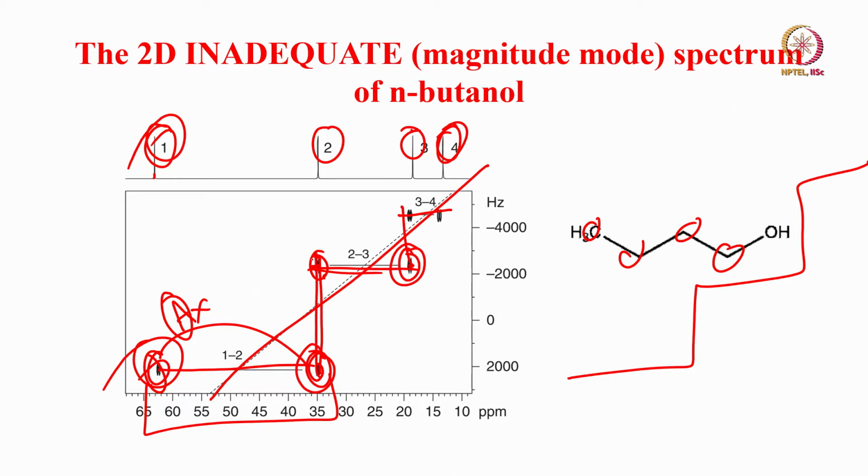Go vertically up, identify its coupled neighbor, again go horizontally, again 2 spins, coupled spin system, AX pattern, go vertically up and again like this you keep on going ladder wise, step by step, horizontal, vertical, you can establish the connectivities of all the carbons connected among themselves. You can establish the carbon connectivity, that is the dilute spin connectivity. This is a very important experiment called 2D INADEQUATE.